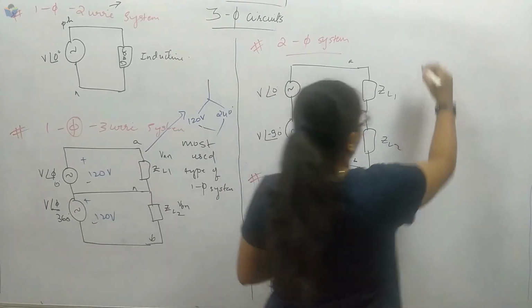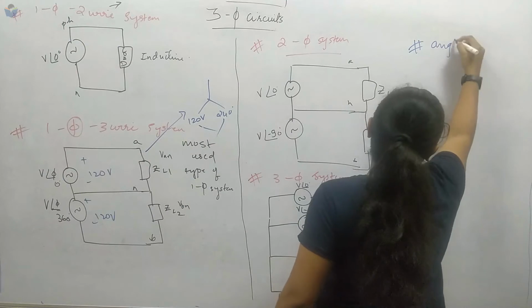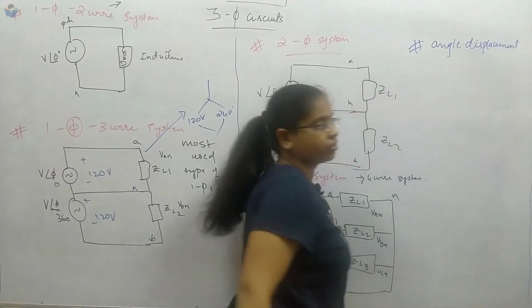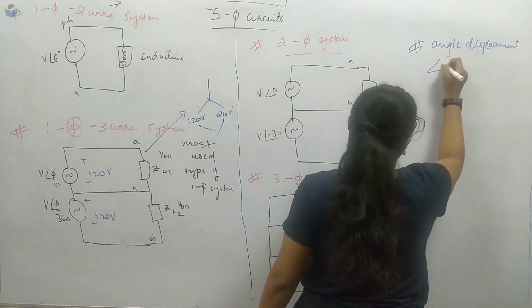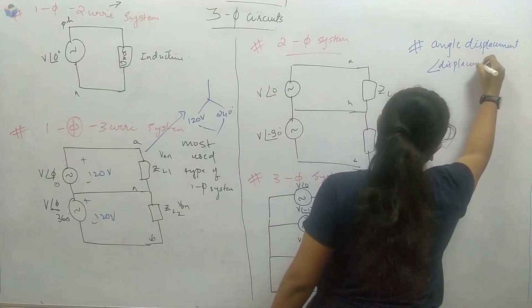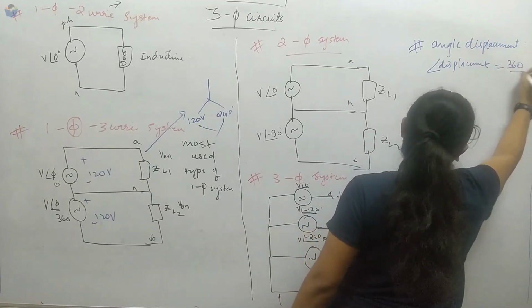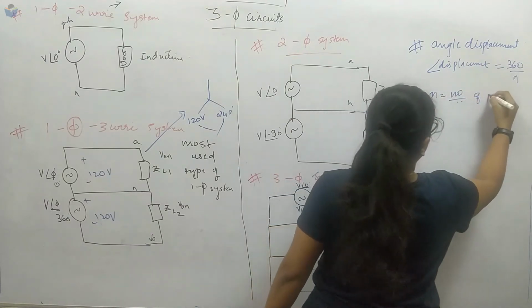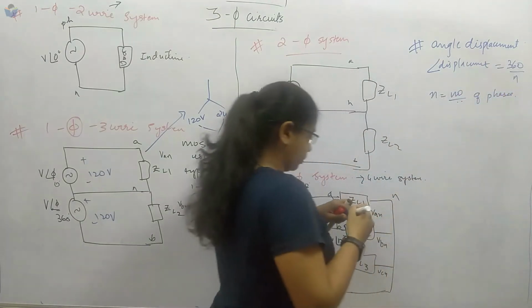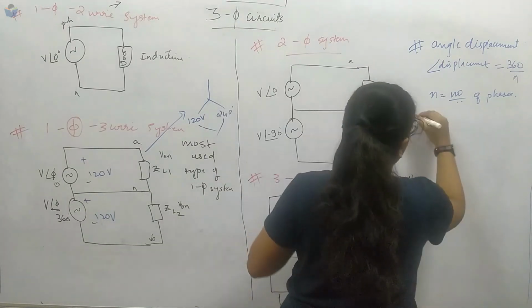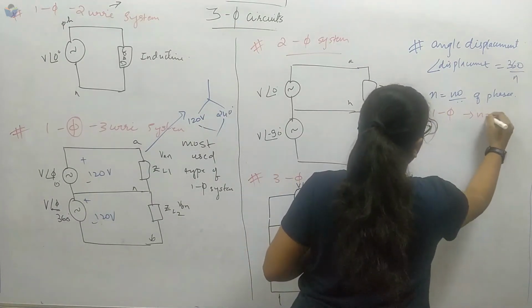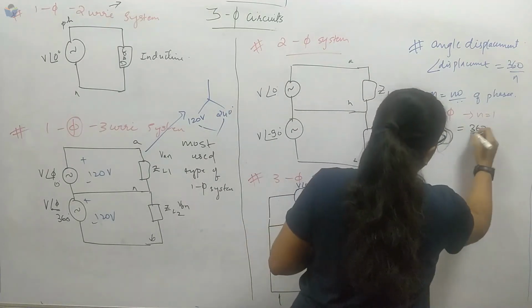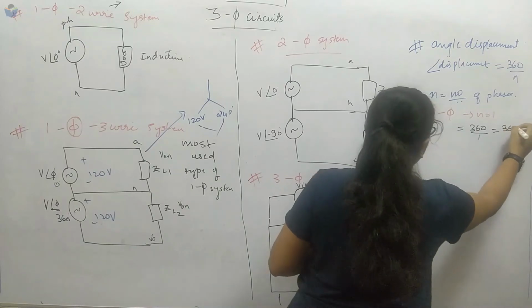Now coming to the formula section to calculate the angle displacement between the phases. The angle displacement is equal to 360 by N, where N is the number of phases. For single phase, N is equal to 1, so 360 by 1 is 360 degree.